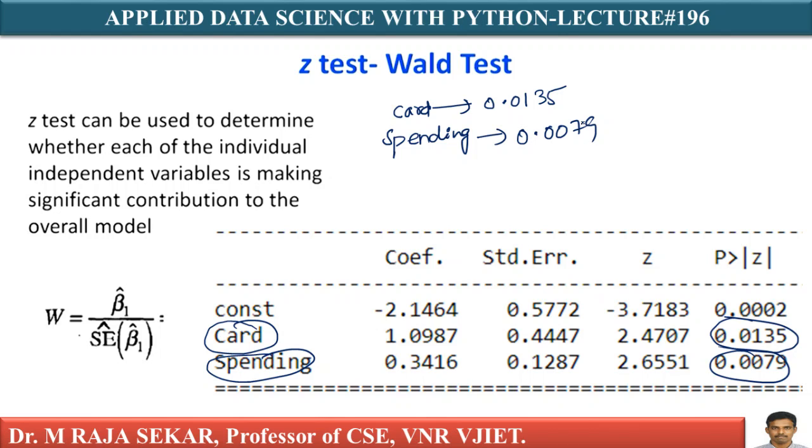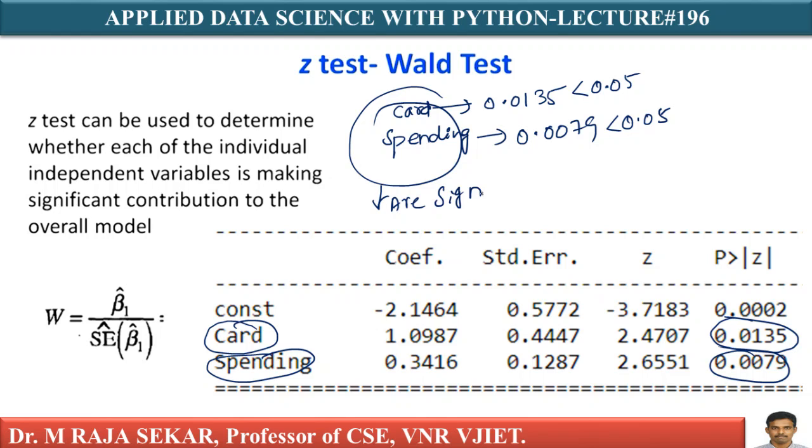Both probabilities are less than 0.05, isn't it? Both the probabilities are less than 0.05. So we can say both the independent variables are significant. You can reject the null hypothesis.